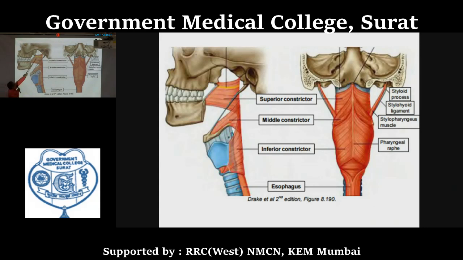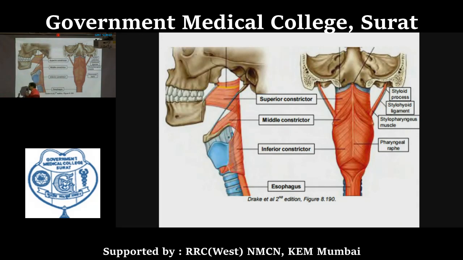It's a somewhat quadrilateral muscle having an origin from the pterygomandibular raphe and the inner aspect of the mandibular body. From this origin, the fibers pass backward and medially, and ultimately the insertion is the same, that is the posterior median raphe.